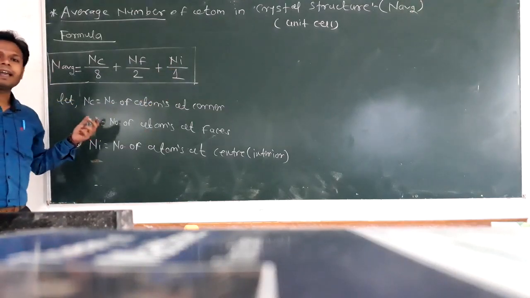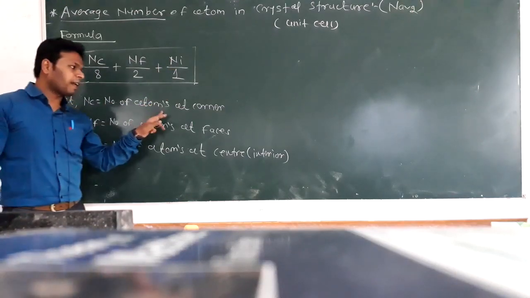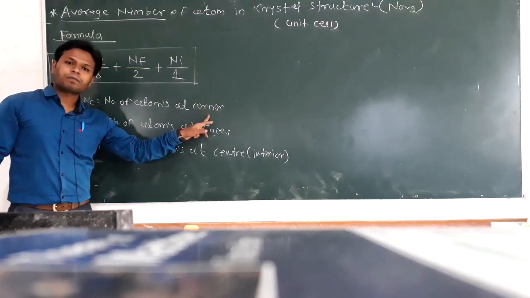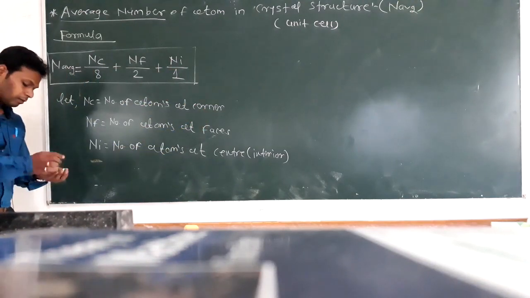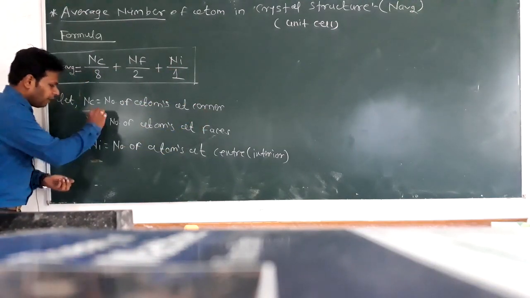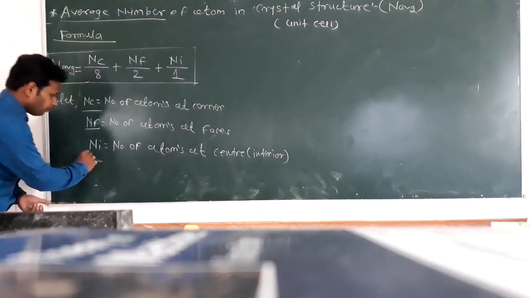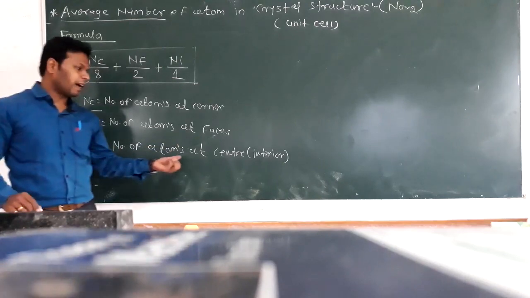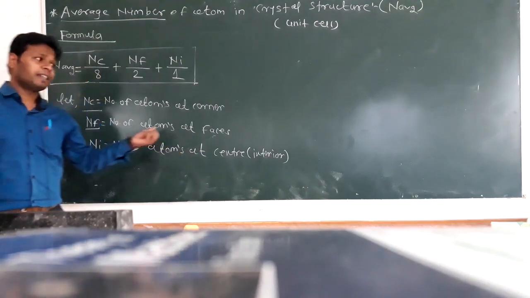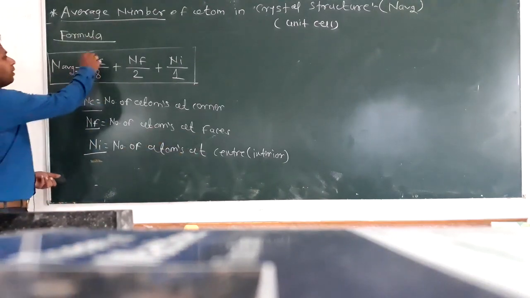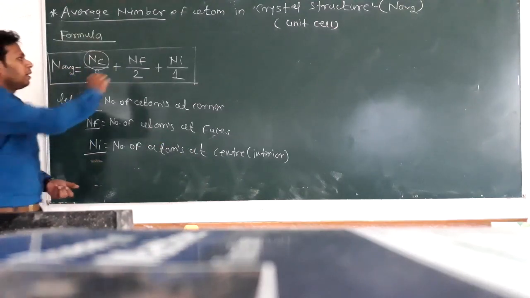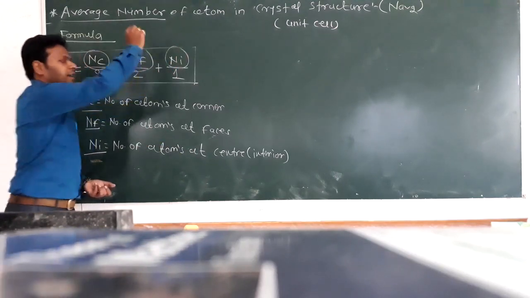Nc is the number of atoms at corners, Nf is the number of atoms at faces, and Ni is the number of atoms at the center. These are the nomenclature of Nc, Nf and Ni.